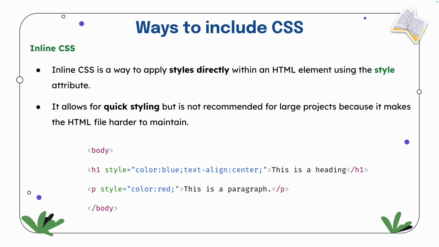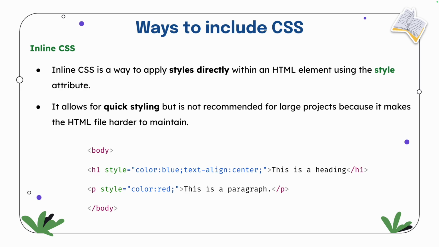So people will somehow apply styling, but to make it exact, they write inline CSS, and later once the finalized view comes, they copy the entire properties and keep them in the external or internal. So that's why we say inline CSS is always used for debugging and testing purposes.